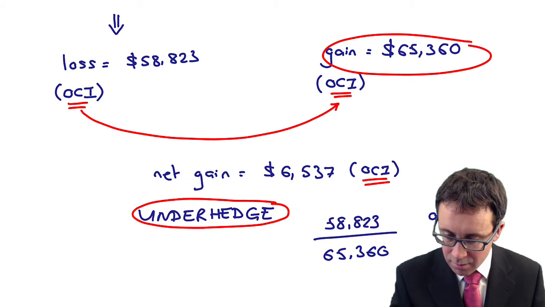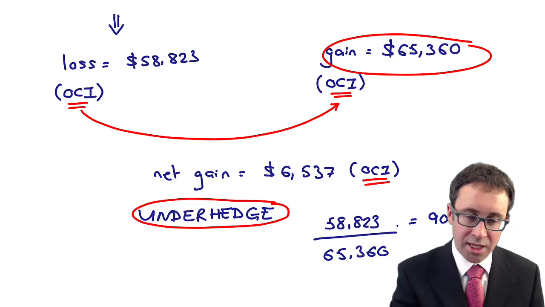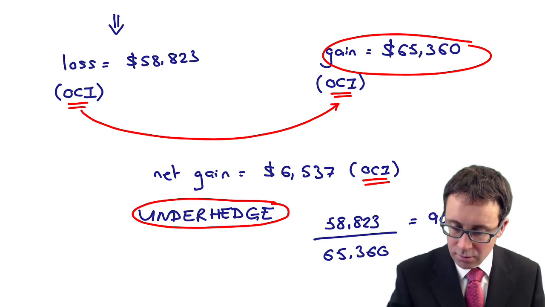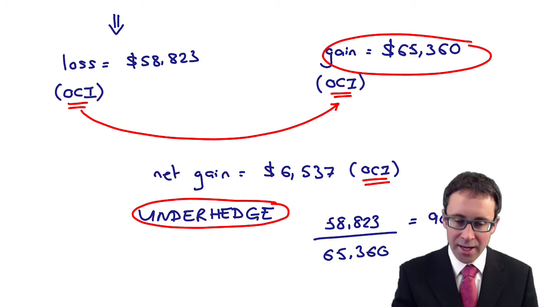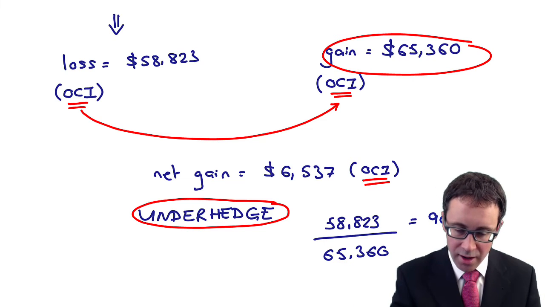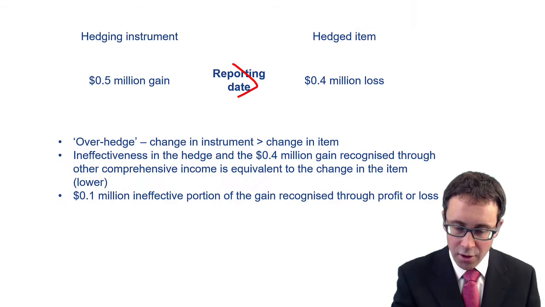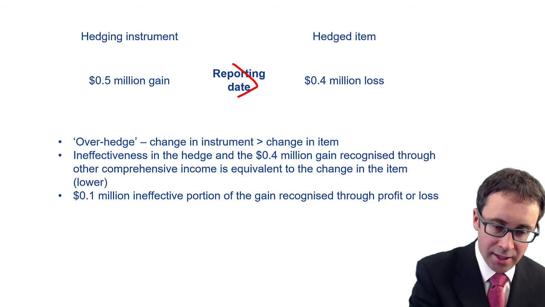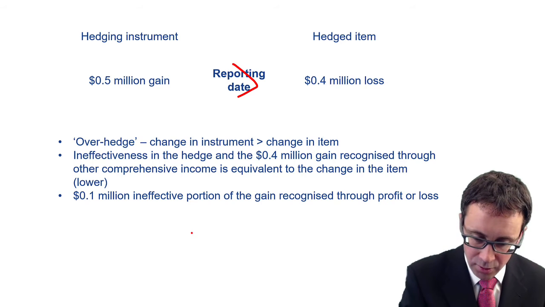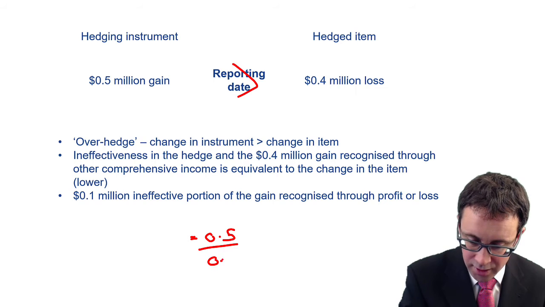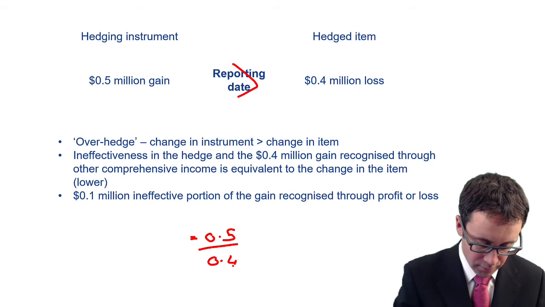So that's 90%. So that falls within the limits, doesn't it? Okay, you've got the change in the instrument divided by the change in the item. If we go back to here, again, you've got there to work out your effectiveness. 0.5 over, is it 0.4?